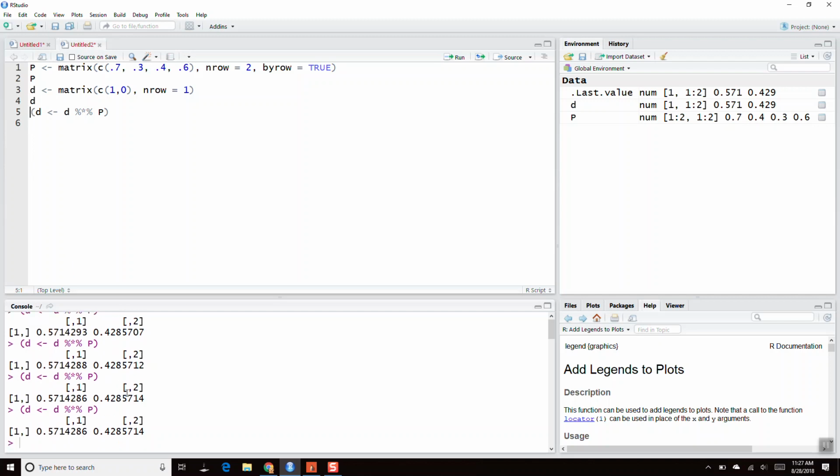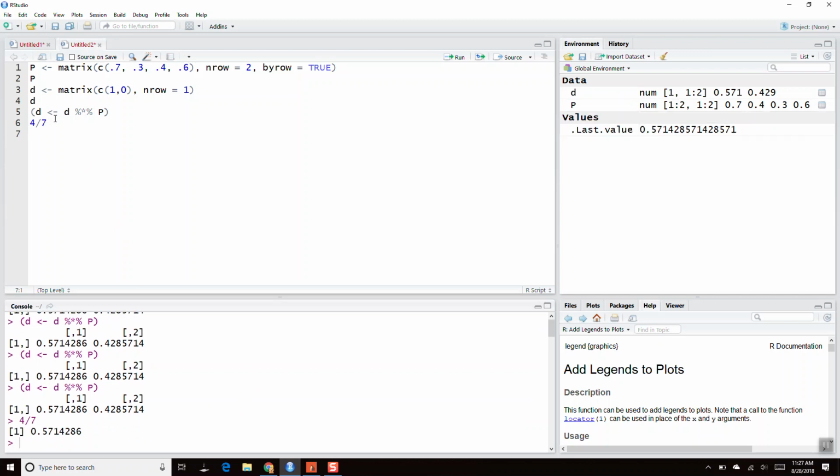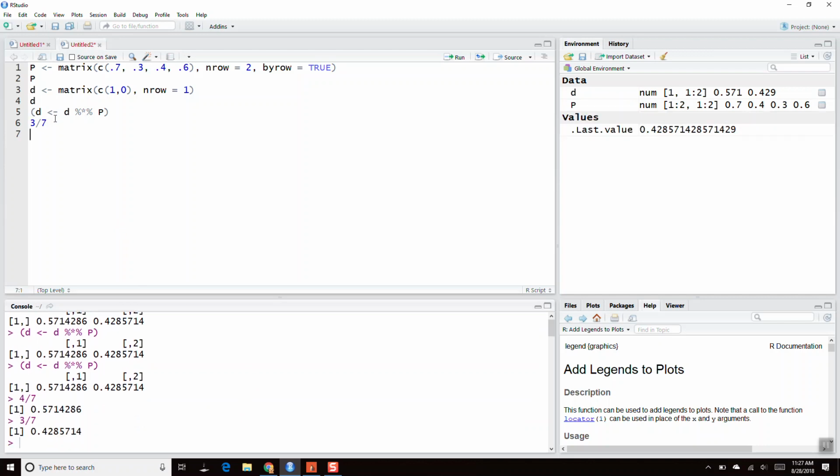So at this point, it looks like we've reached convergence. And we can compare this to 4 over 7. It's exactly that. And what's 3 over 7? It's exactly that.